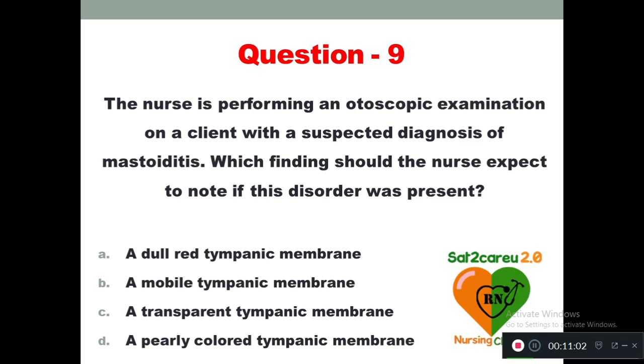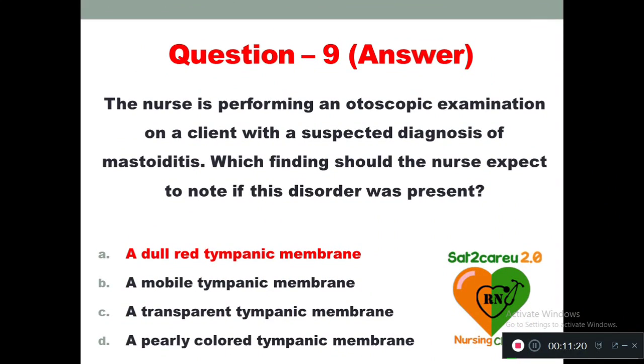So, when a nurse performs an otoscopic examination for a client suspected with mastoiditis, the nurse should expect the finding of a dull red tympanic membrane.